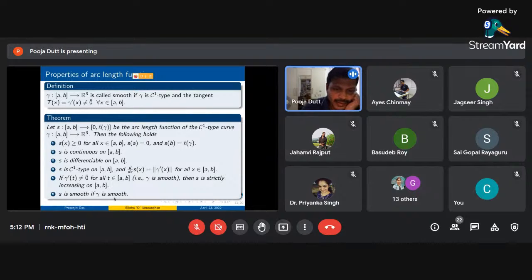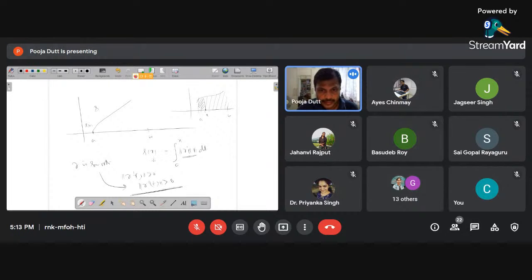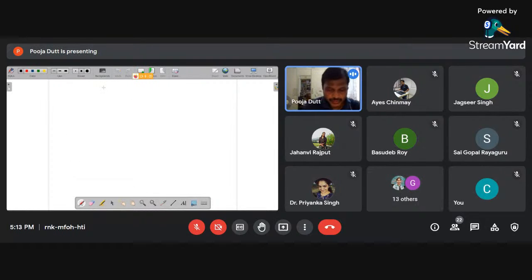And S is smooth if gamma is smooth. That is obvious, because if gamma is smooth, that means it is already C^n type and its norm is non-zero. So let me write my previous page again. By the fundamental theorem of calculus, d/dx of S of x is the norm of gamma prime x, for all x inside AB.